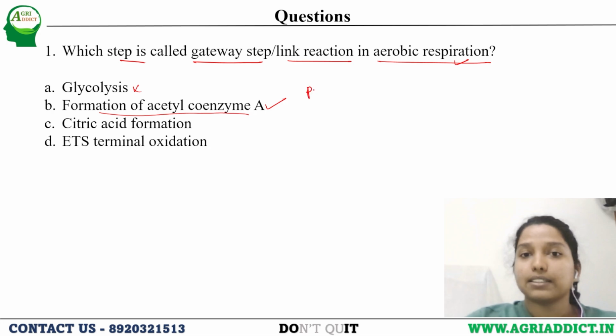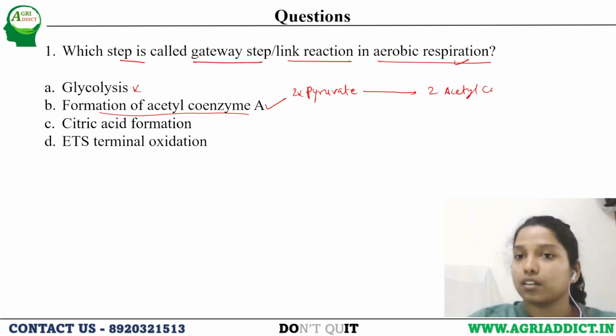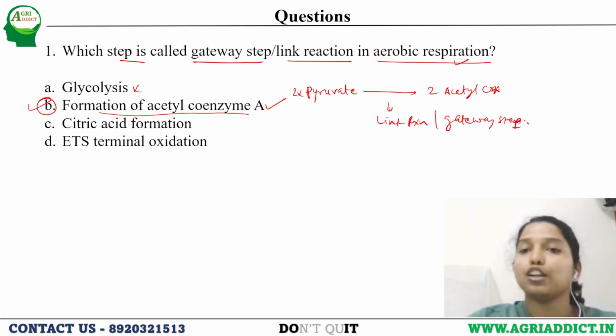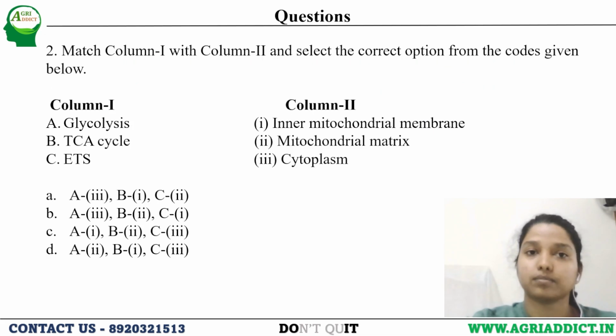Because in this, two molecules of pyruvate are getting converted into two molecules of acetyl CoA. This reaction we call the link reaction or gateway step. So these kinds of questions will be asked. Easy questions but conceptual.